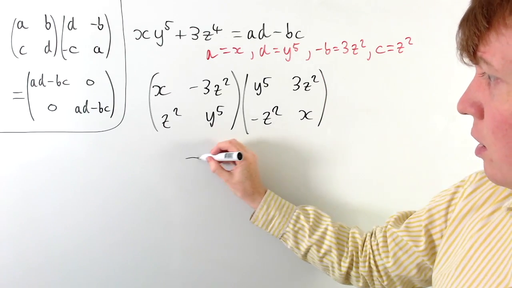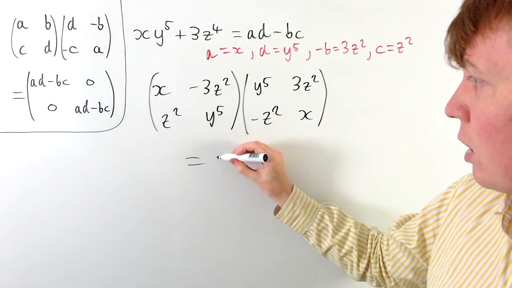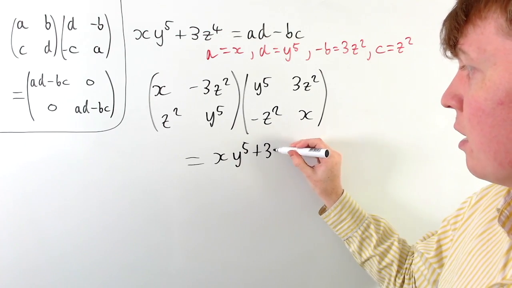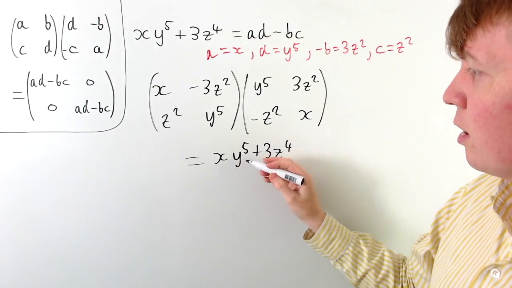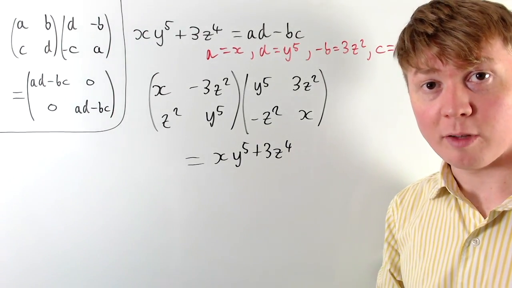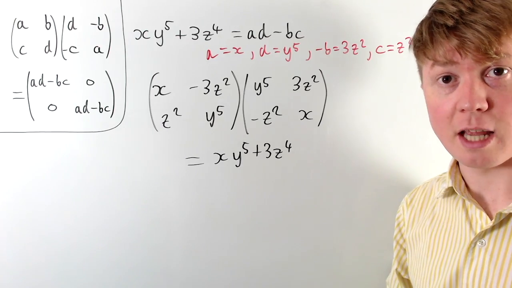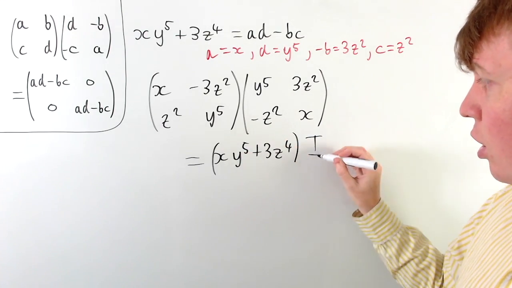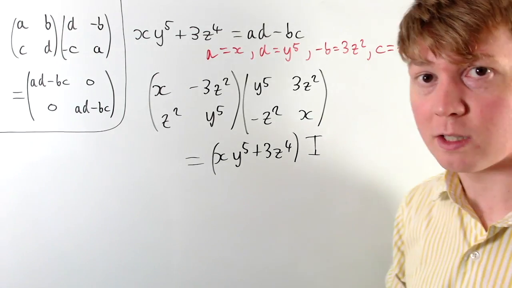When we multiply these two matrices together, we'll get back to our original expression, x y to the 5 plus 3 z to the 4. In the first entry we get a 0, and another copy of x y to the 5 plus 3z to the 4. So we get that this is indeed the product of our original expression and the 2 by 2 identity matrix.